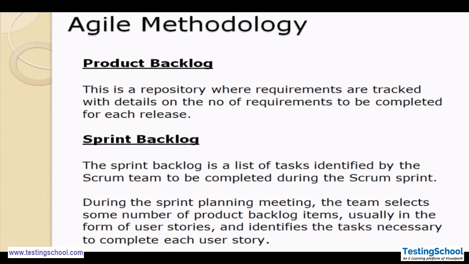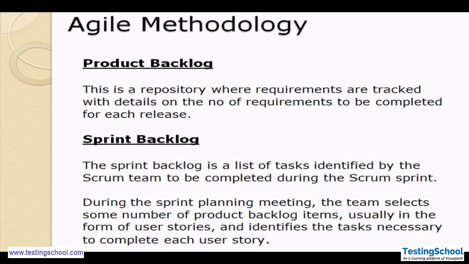So the sprint backlog is a list of tasks identified by the Scrum team to be completed during the sprint. Let's say for example we are running sprint 1. So what user stories or what requirements we are going to complete, those requirements that we take in the current sprint are our sprint backlog.